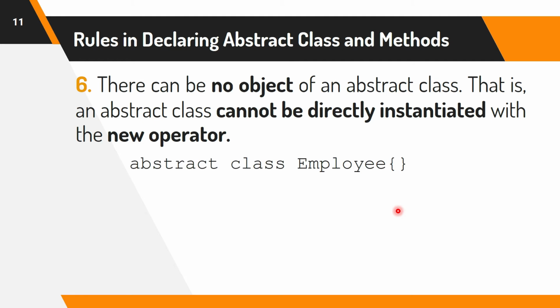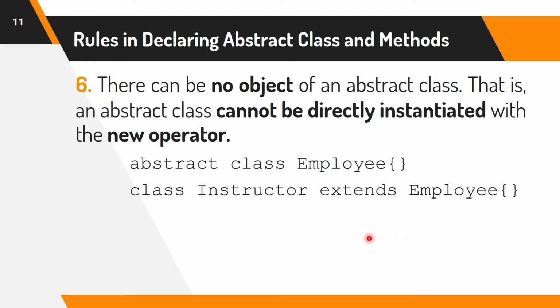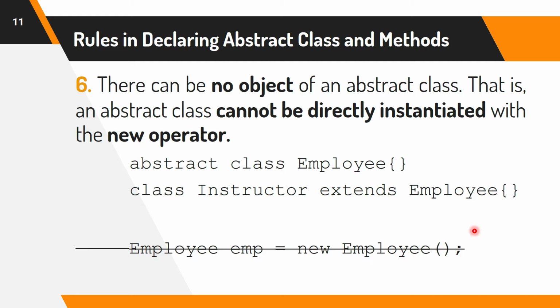But here, we have this example abstract class employee, and example its subclass class instructor extends employee. So, hindi possible yung employee emp or the object is equal to new employee. So, dedirekta dito. So, if this is not an abstract, it is possible. Yung superclass natin is possible for instantiation.